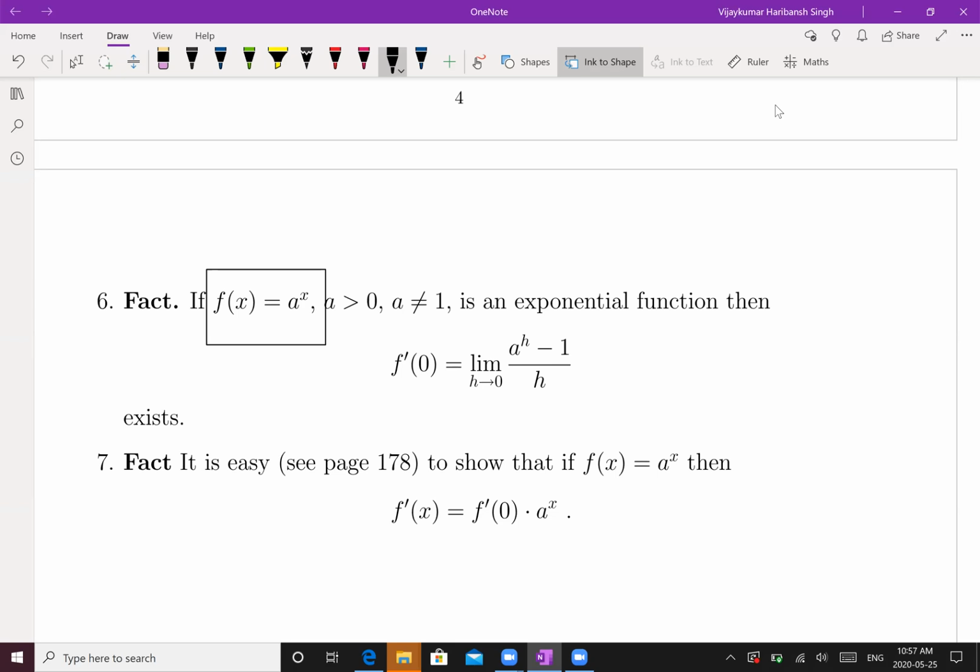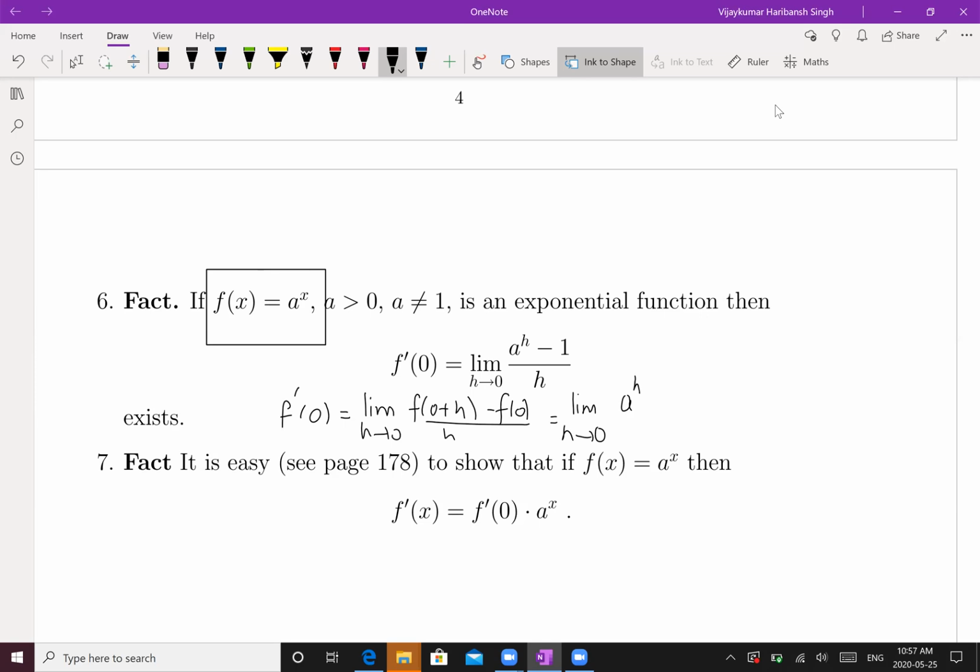Because f prime of 0 is the limit as h goes to 0 of f of 0 plus h minus f of 0 over h. f of 0 plus h is f of h. f of h is a to the power h.